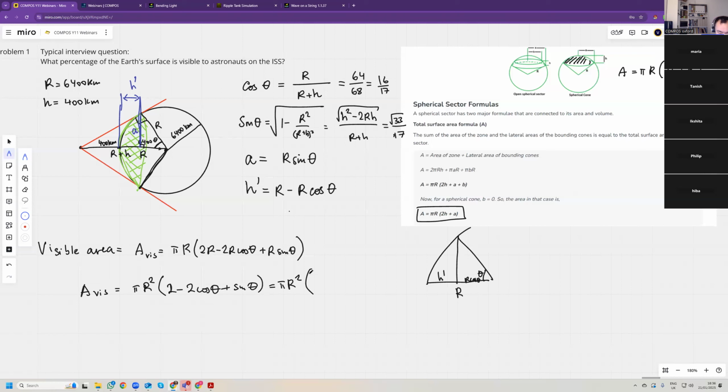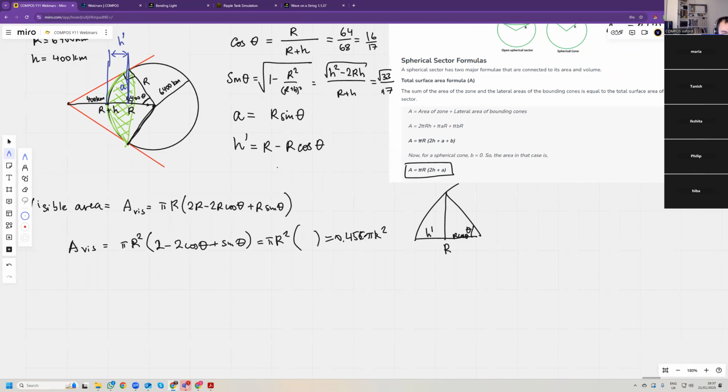So I don't need brackets. So that is 0.456 pi r squared.